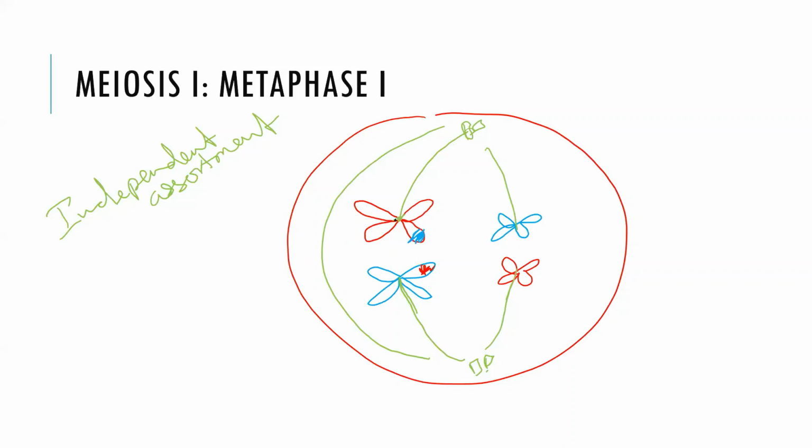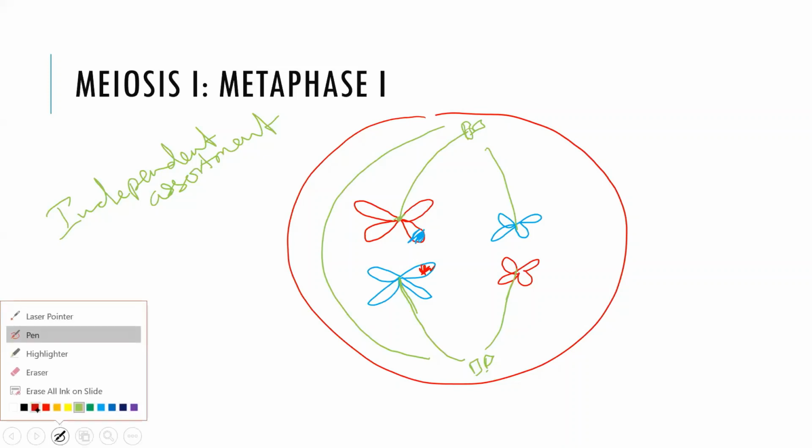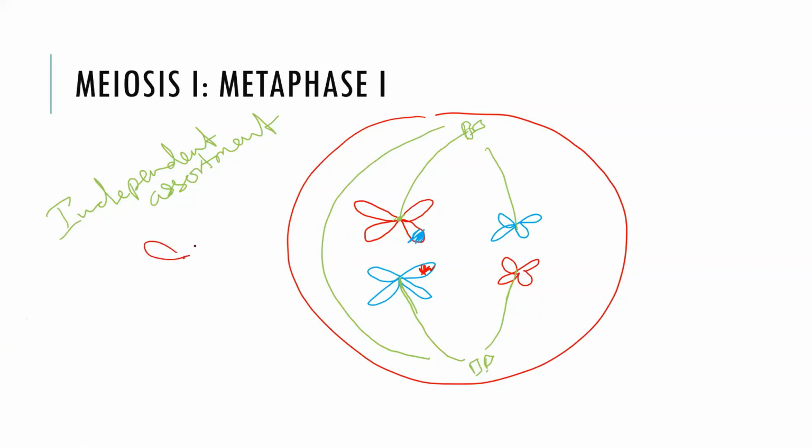So you can see here the maternal chromosome, one of the maternal chromosomes are lined up in the upper region, and the other is lined up in the lower region. So this can also be arranged like this. The maternal two chromosomes can be on the same side, and the paternal ones on the same side.